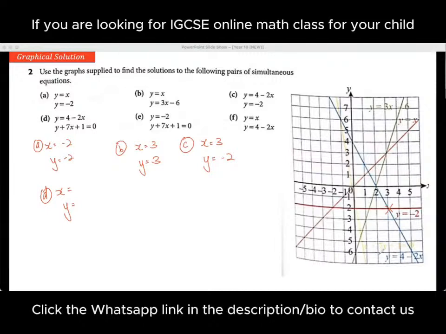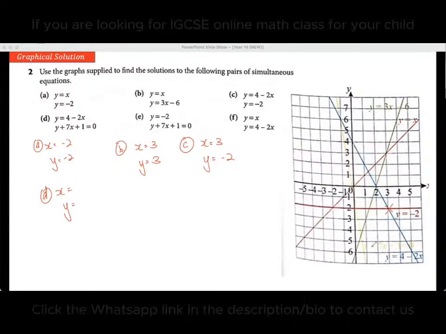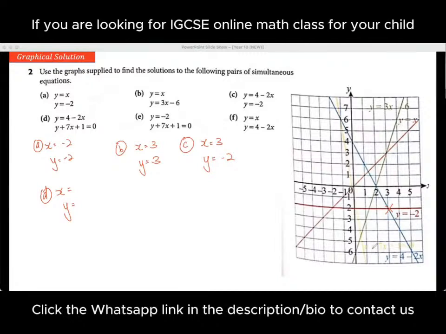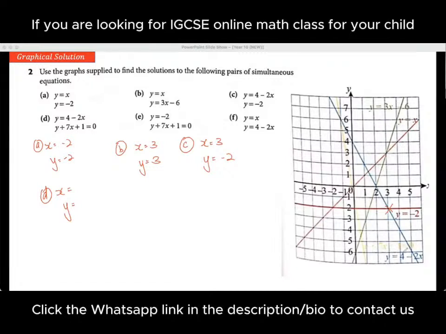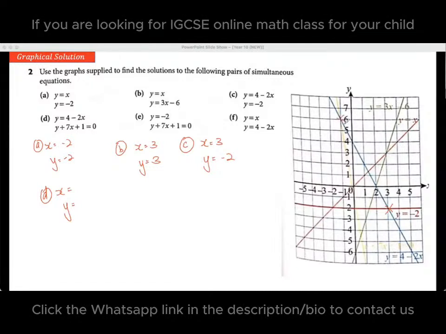Yes. Okay. This one, y equals 7x plus 1, it is the yellow one. And then y equals 4 minus 2x is the blue one. So they intersect here. So -1 and 6.